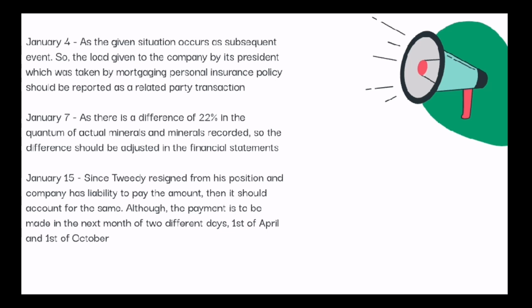And on January 15, since Tweedy resigned from his position and the company has a liability to pay the amount, then it should account for the same. Pero yung payment, hindi isahan, but in two different days, which is 1st of April and 1st of October.